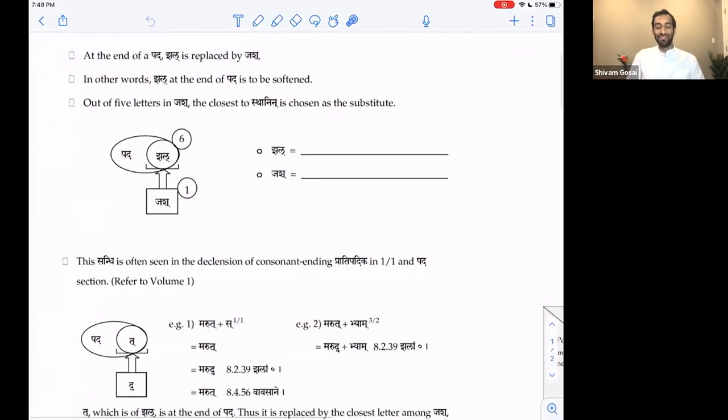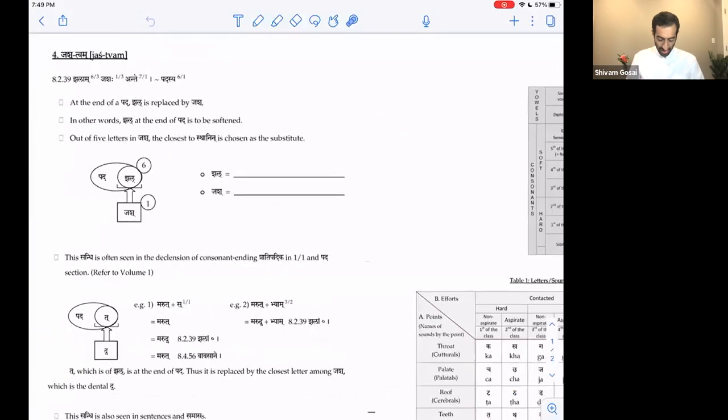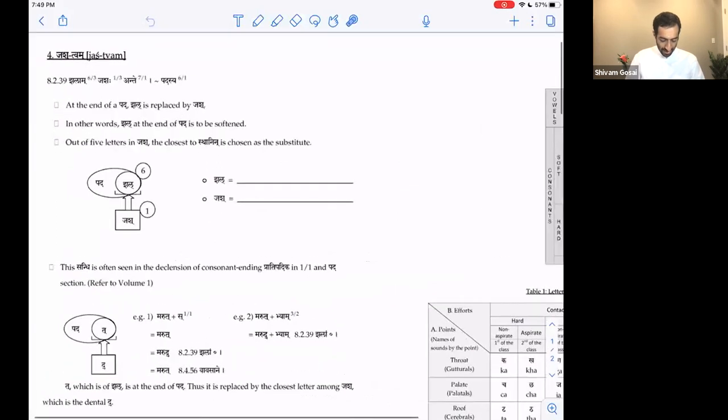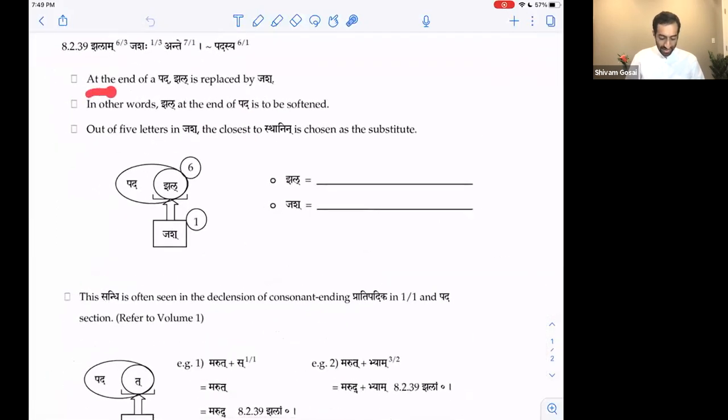We've seen this before, we're just reminding ourselves. What it says is, at the end of a pada, jal is replaced by jash. Yes, it is page 65, don't go to 77.